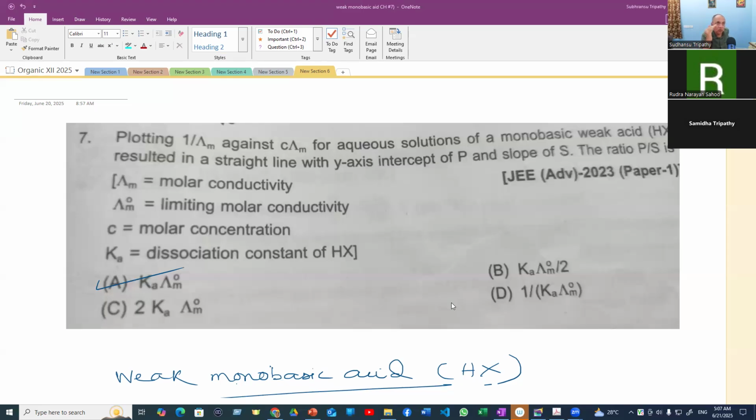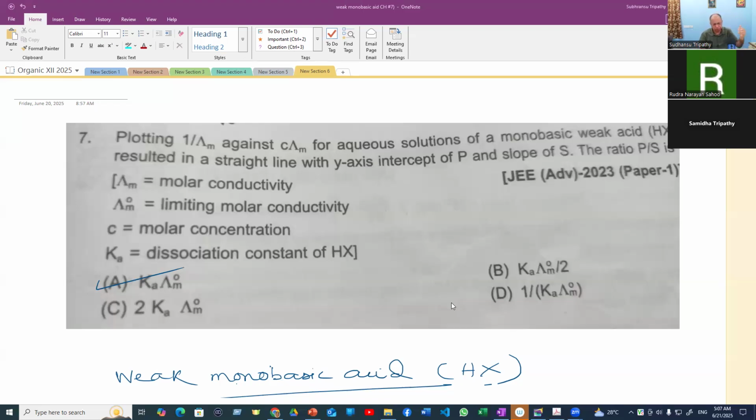And we know that for certain concentration region, at a low concentration region, the graph for weak acids, weak electrolytes are linear. But as the concentration becomes less, dilution becomes more, then it suddenly takes a curvature and the slope increases drastically.